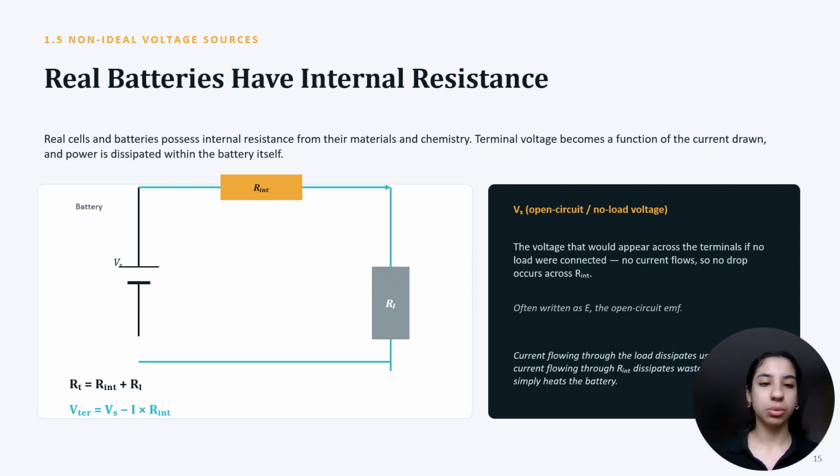So what we usually do is take Vs, the open circuit voltage, when the battery is on its own and not in a circuit. We take that voltage and subtract the current created in the circuit multiplied by our internal resistance.